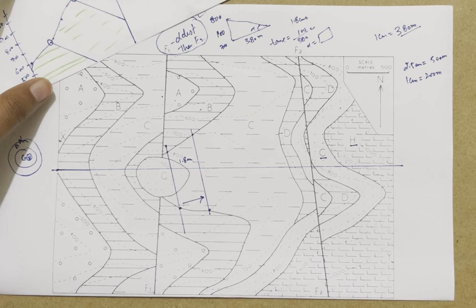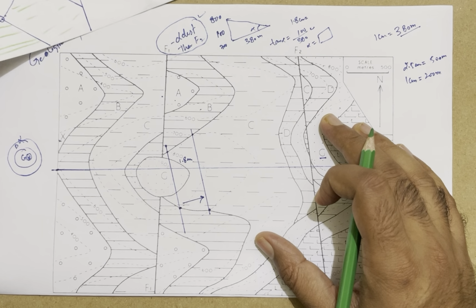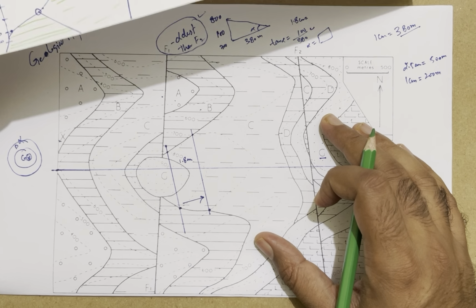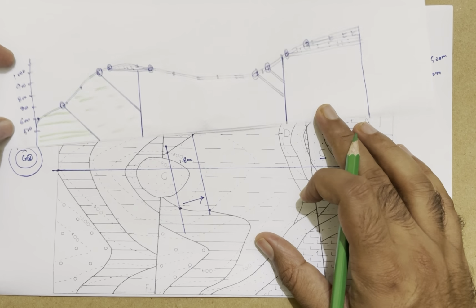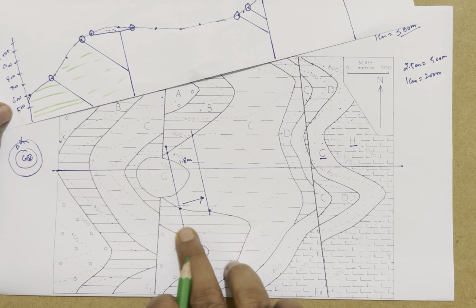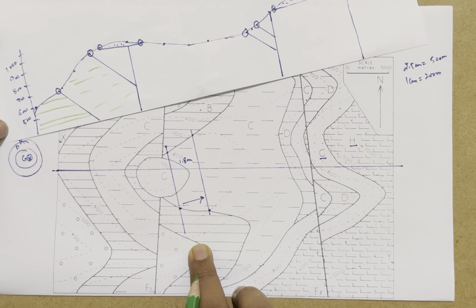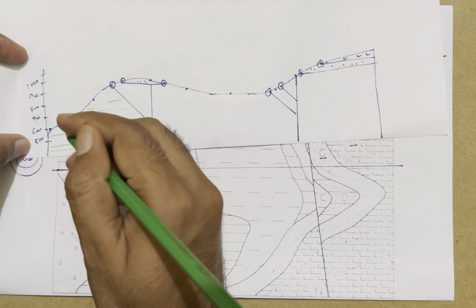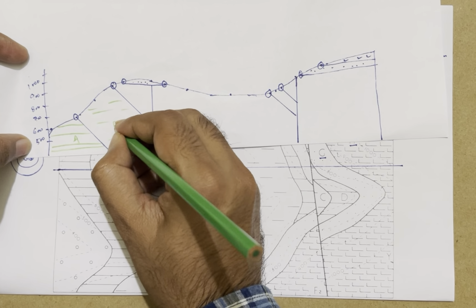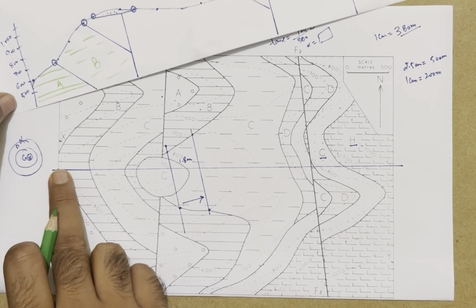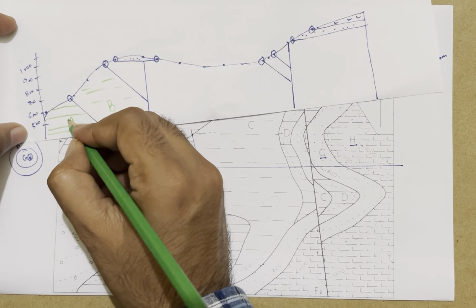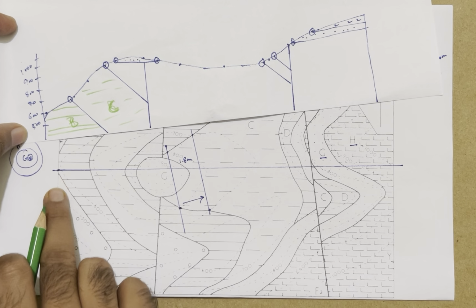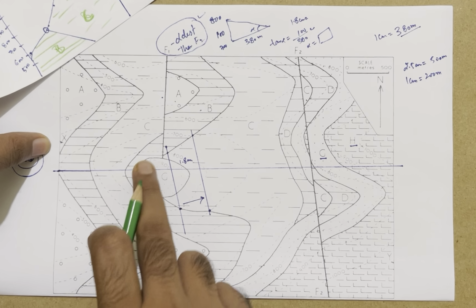Then we are getting this, our D. The lines are the same. So this is our A. I will go with A, B. Not A. It starts with B, C, B, C, and this is our D.